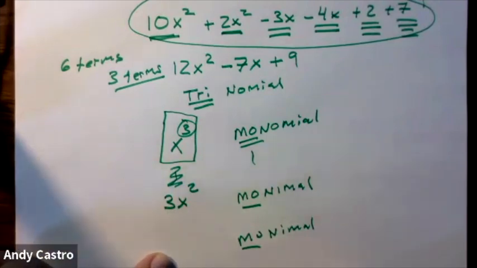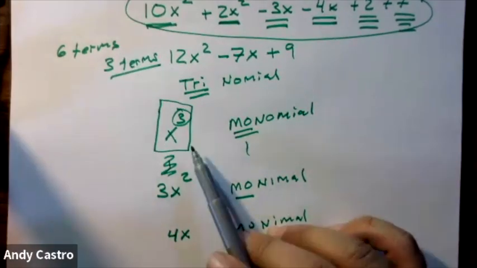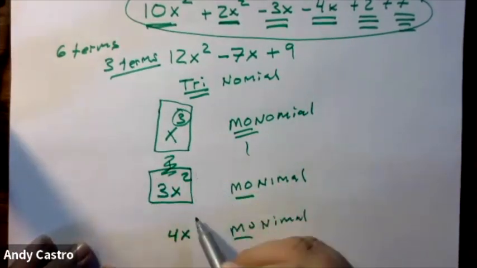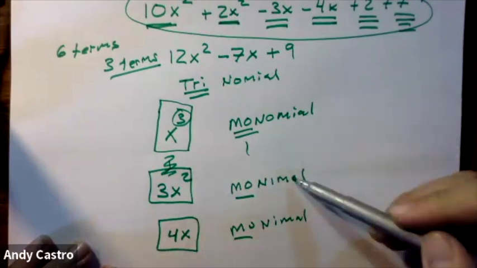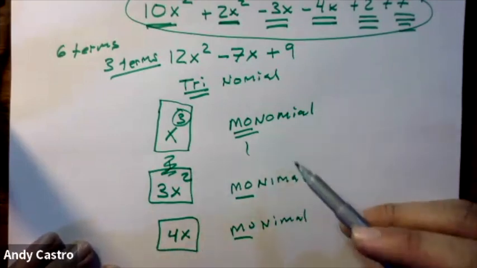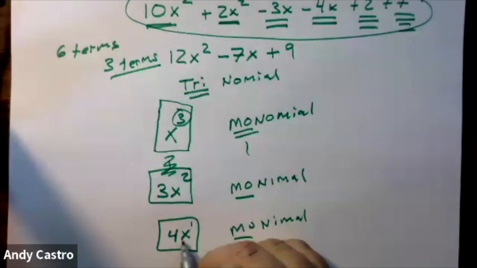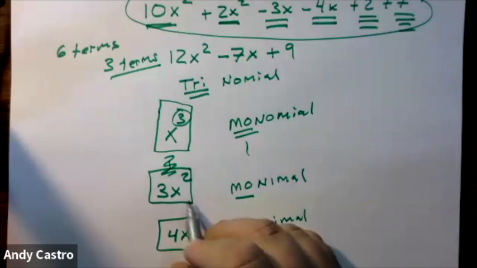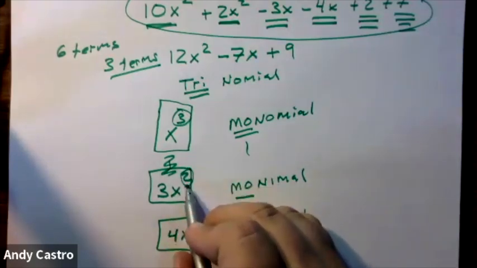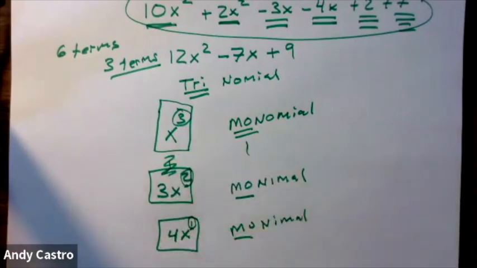And the third one is going to be 4x. Each one of these by itself is a monomial, but there's a difference between them, and that is the exponent on the variable. The exponent on 4x is 1. The exponent here is 2, and the exponent there is 3.